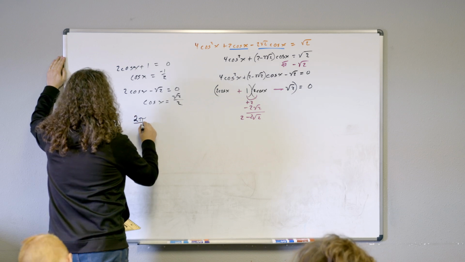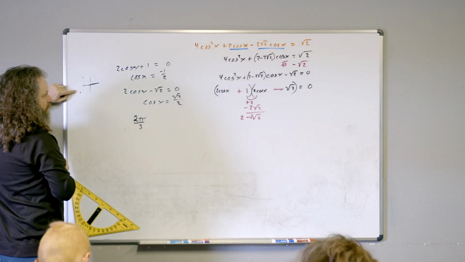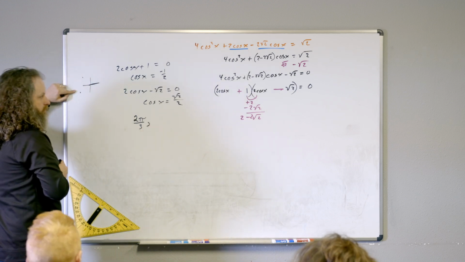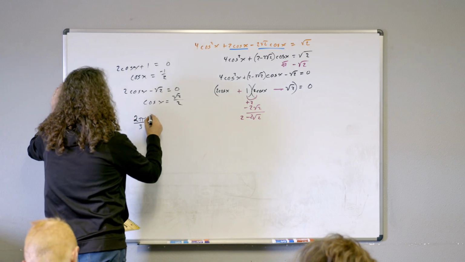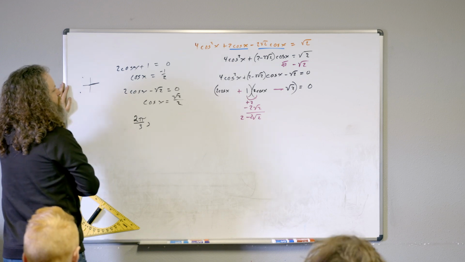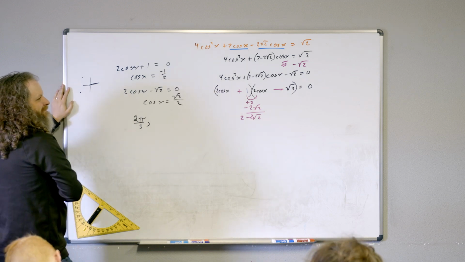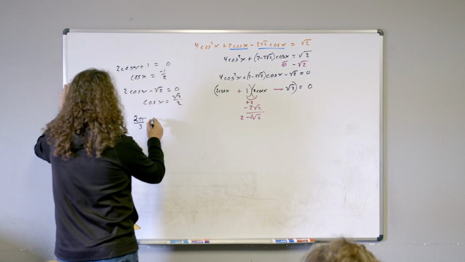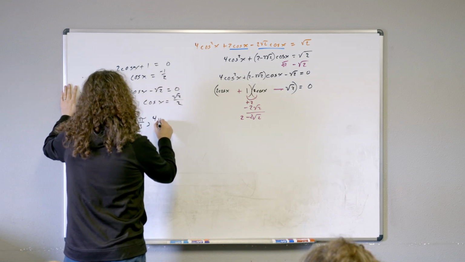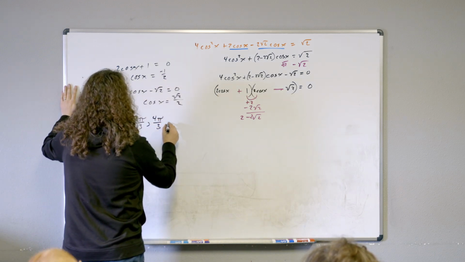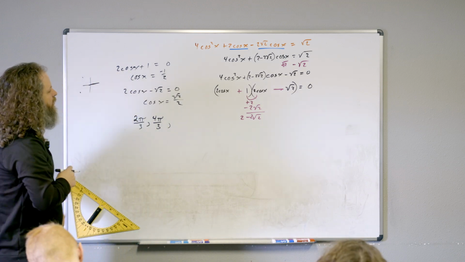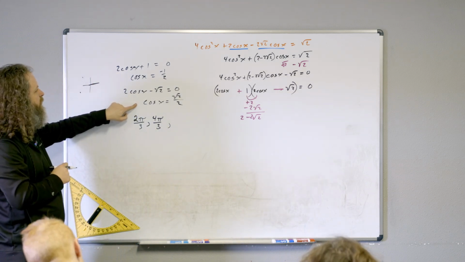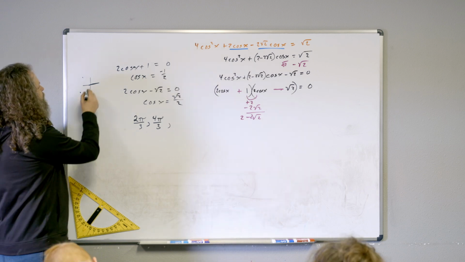And then in quadrant 3, 5 pi over 3? No, I'm doing this wrong.